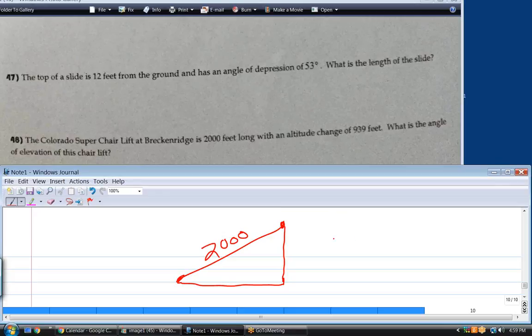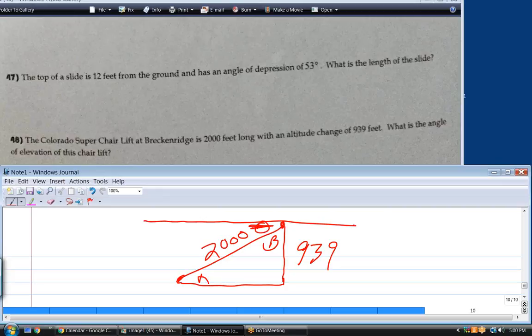And then the vertical distance is what? 939. And do they mean angle alpha or angle beta? Alpha. Correct.